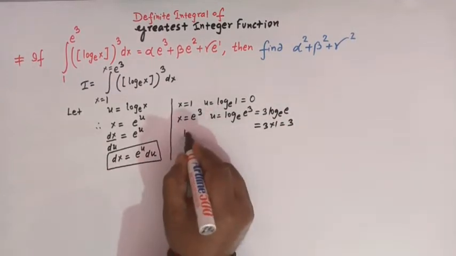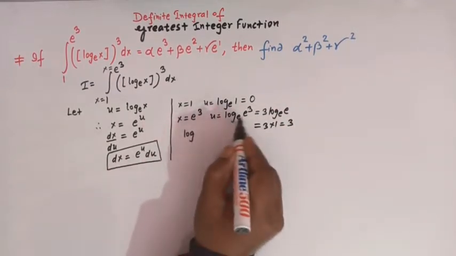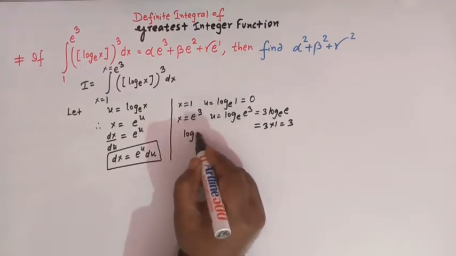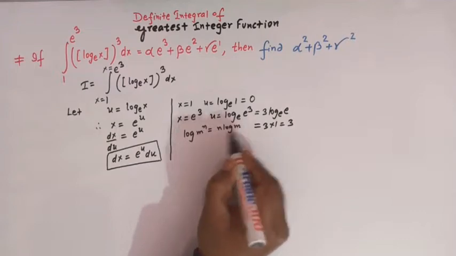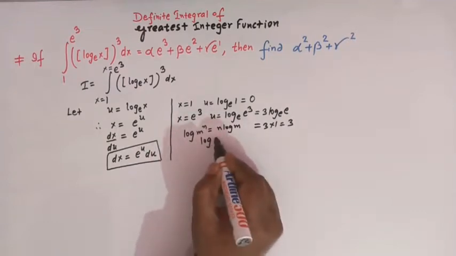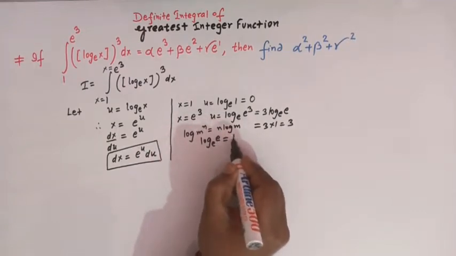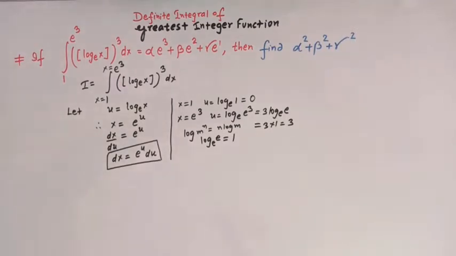Here we have used the properties of logarithms, that is log m raised to n is n log m, and the value of log e to the base e is 1.